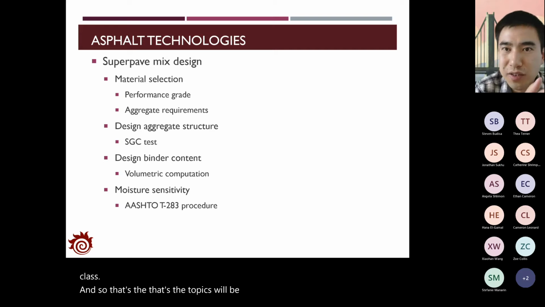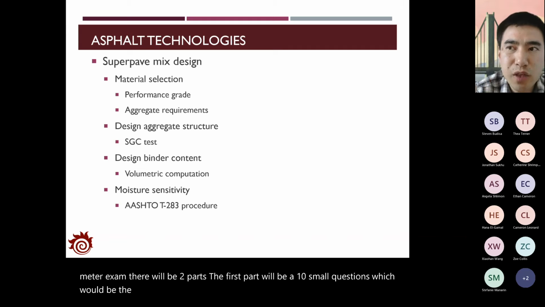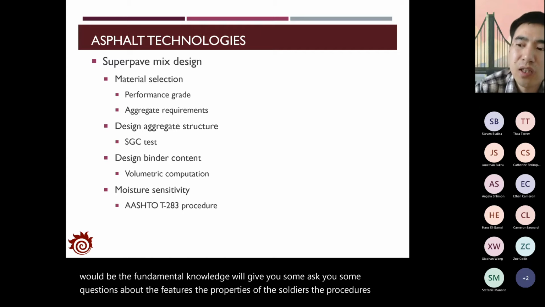And for the questions in the midterm exam, there will be 2 parts. The first part will be 10 small questions, which will be the fundamental knowledge. We will ask you some questions about the features, the properties of the soils, the procedures of the experiments, and so on.